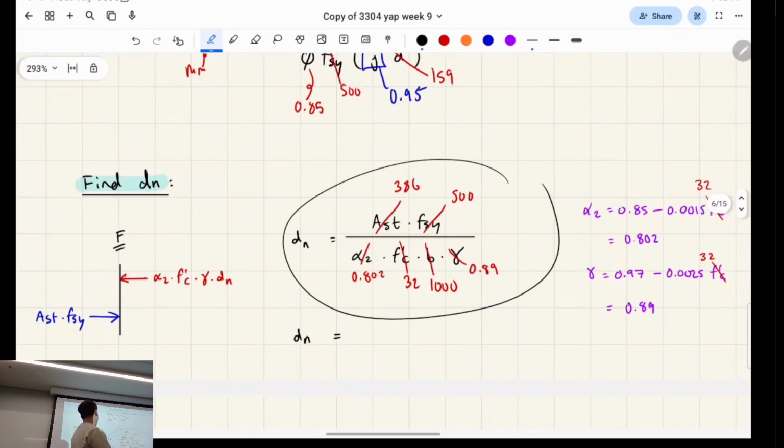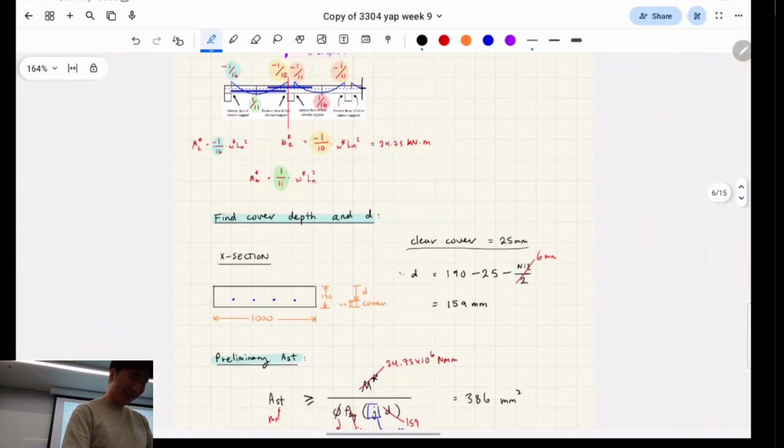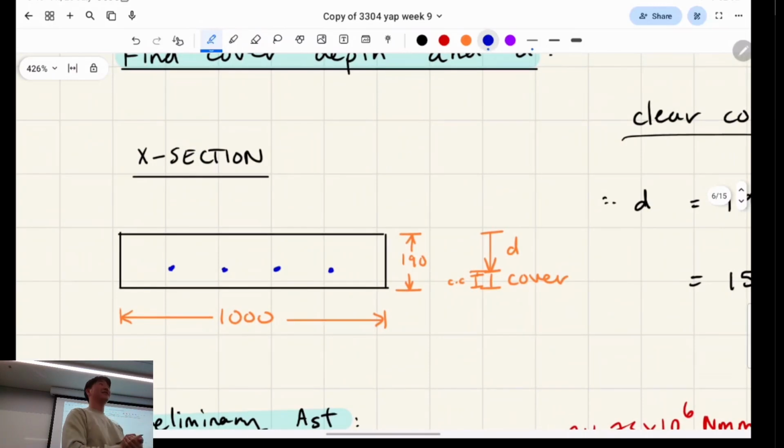I've just skipped this step, but you can see on the left-hand side we only have one tensile force, which is the steel, and only one compressive force, which is the concrete. So in the ultimate moment it's just those two, so we can solve for dn by equating them. So dn is 8.5, right? Have a think about that for a second. This is typical of a slab.